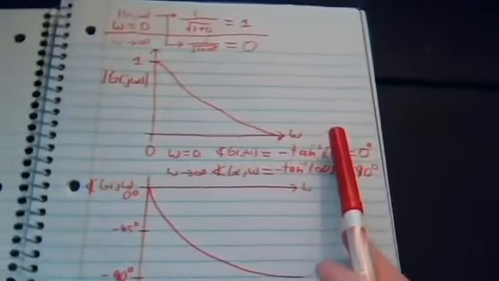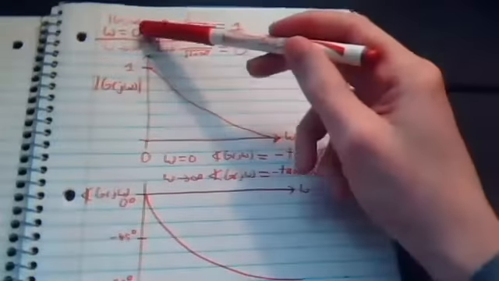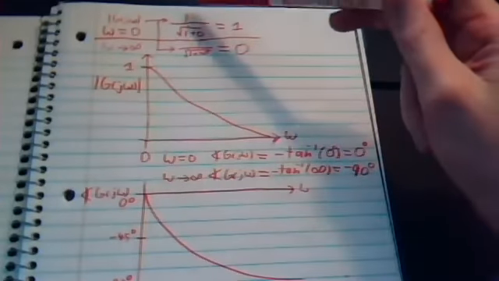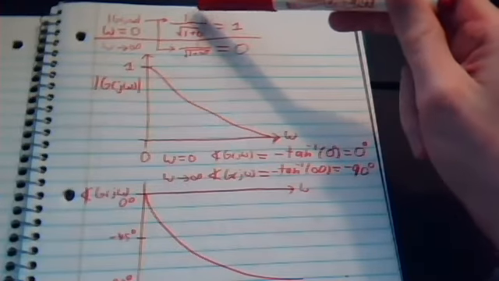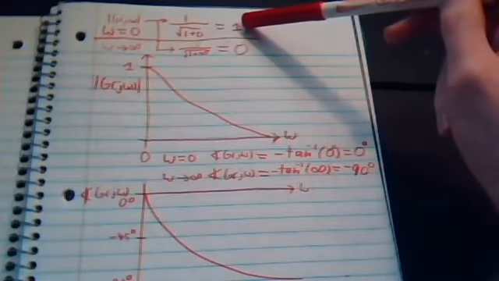Let's do a basic example looking at omega is 0 and omega approaching infinity. The magnitude when omega is 0 will boil down to 1 over 1 plus 0, which is just 1.